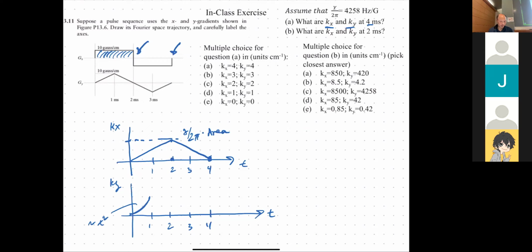What's going to happen to the area? I'm still integrating, so what's the integral of that? Yes, you look like you want to raise your hand. I don't know the formula, but it looks the same, just shifted by 180 degrees.